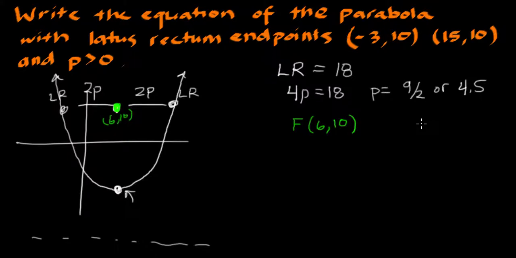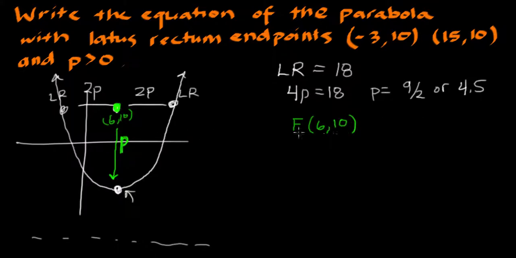Notice, once again, what am I trying to do? I'm trying to write the equation of the parabola, and right now I only have the p portion. I now need to find my h comma k, which means I need to find the vertex. The focus to the vertex is p spaces away.